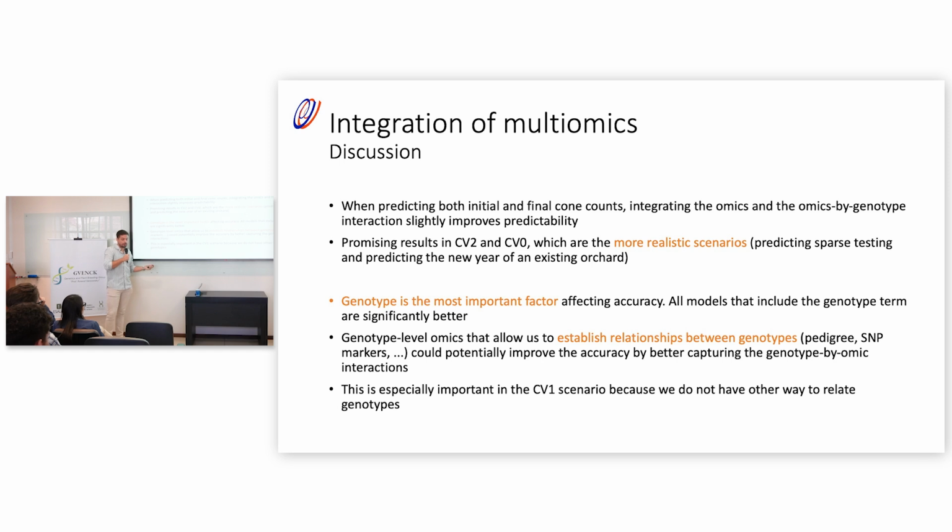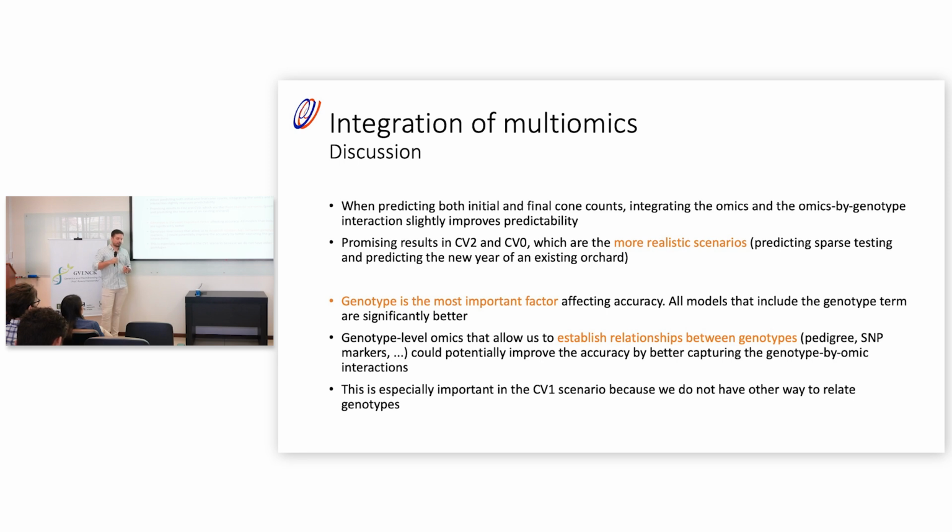And CV0 would be something like, okay, let's predict what's going to happen next year without even having to phenotype them. But still, genotype is the most important factor, and something that would be really nice to have is markers. If we had markers, we could first relate individuals, but then we could probably improve the interactions, like how the markers interact with the omics.